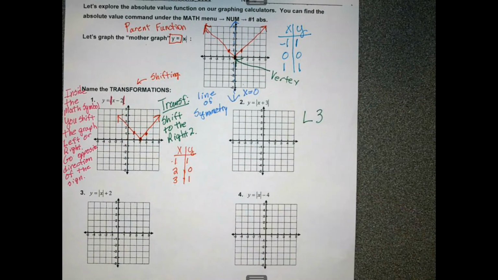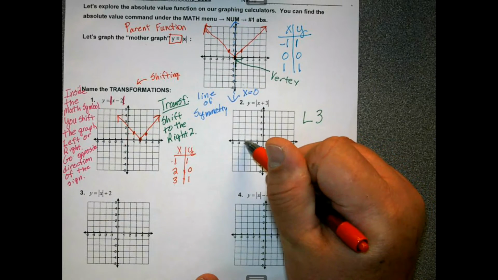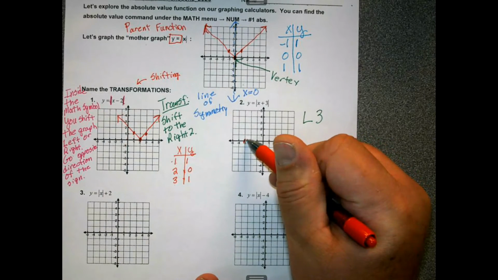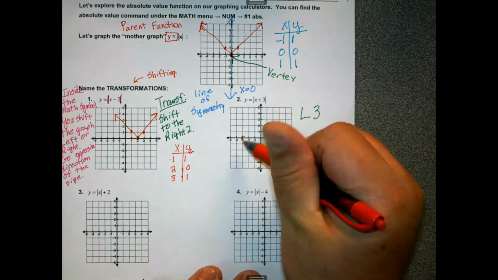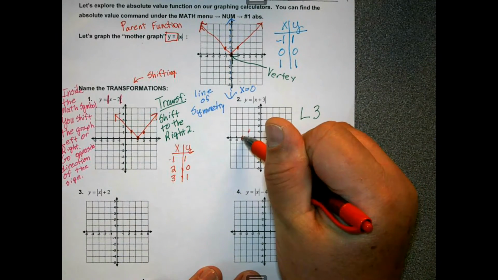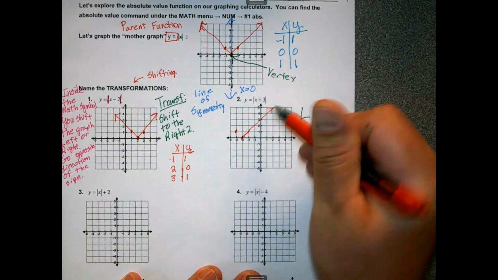We can abbreviate left 3. So if I take my vertex and go to the left 3, nothing changed as far as my wider, thinner, so it's still going to be 1, 1, and 1, -1 because of my line of symmetry. There's my function.